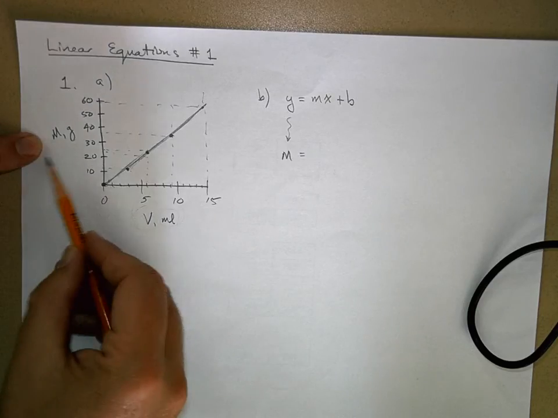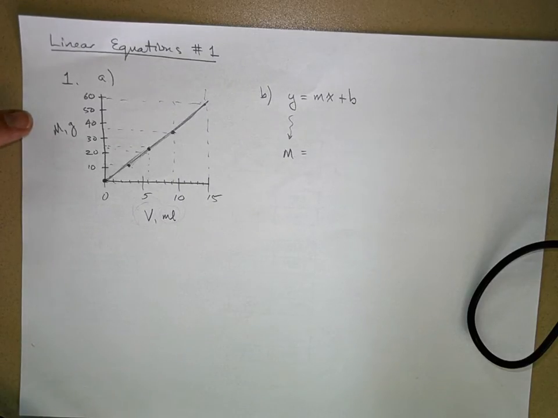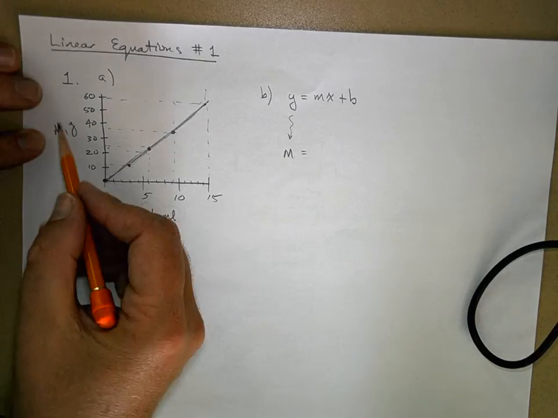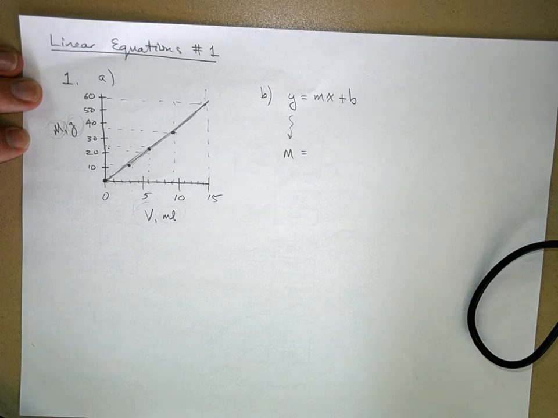What is this? Mass. There's lots of ways of measuring mass. You can use grams, milligrams, kilograms. You can even use pounds, pounds mass and stuff like that. This is what we're measuring, and this is how we're measuring it.